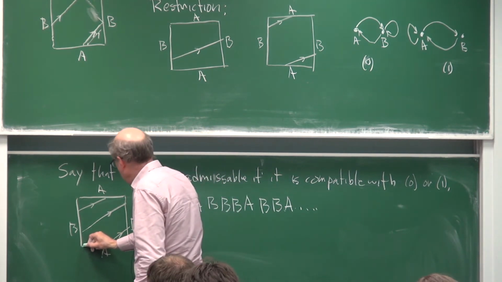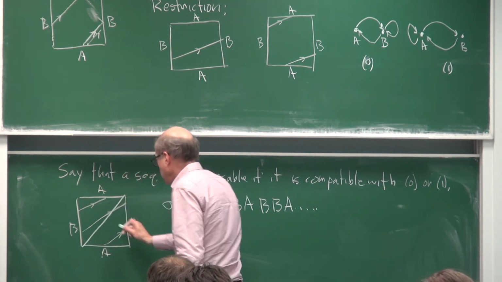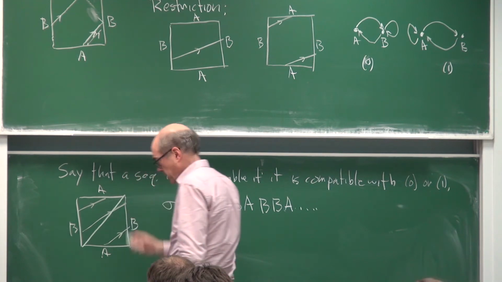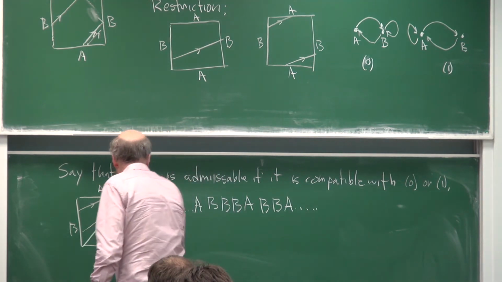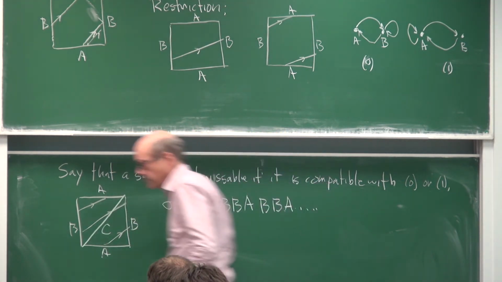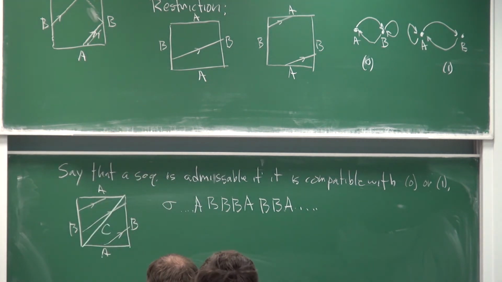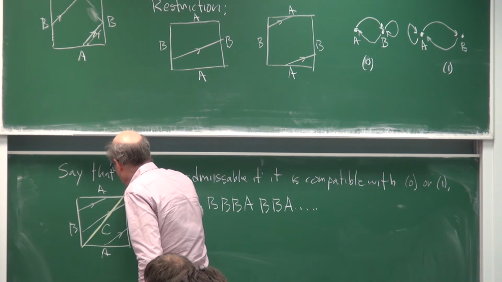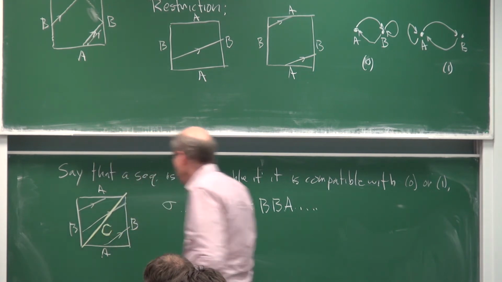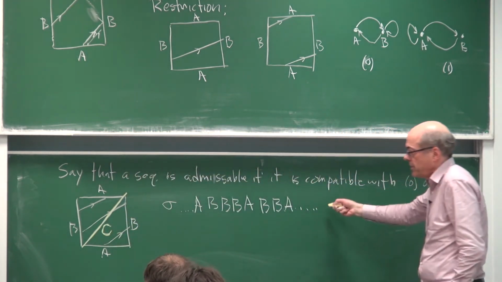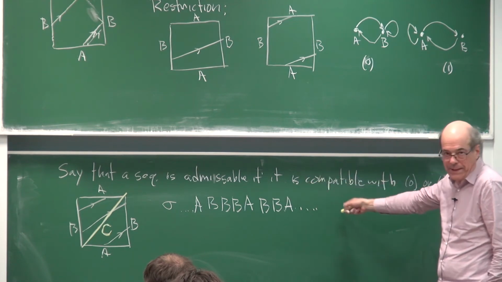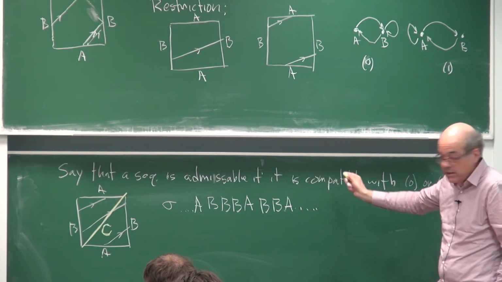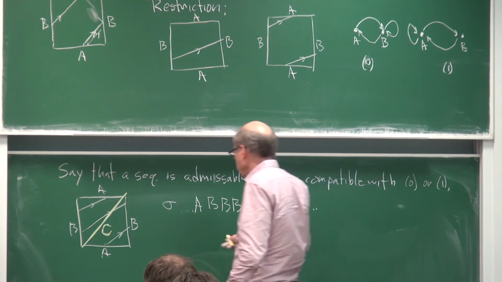Okay, so I want to add an edge here. Call that C. Maybe it's better if it's yellow. Okay. So I can look at my coding with respect to the 3 letters instead of the 2 letters, right? So what do I get here?